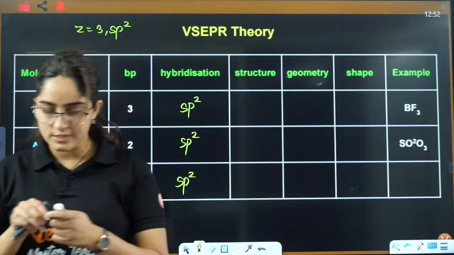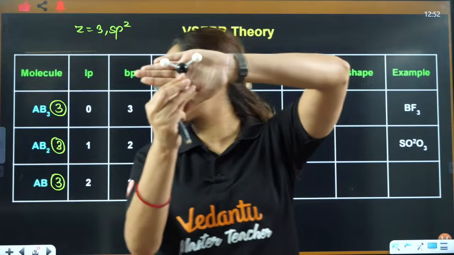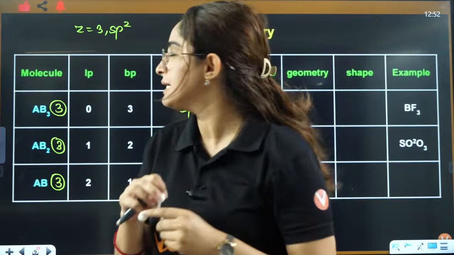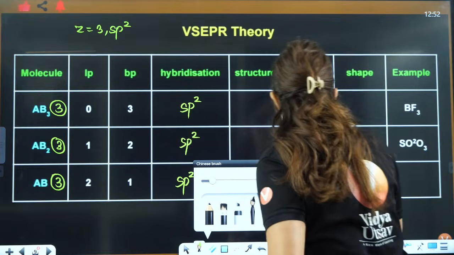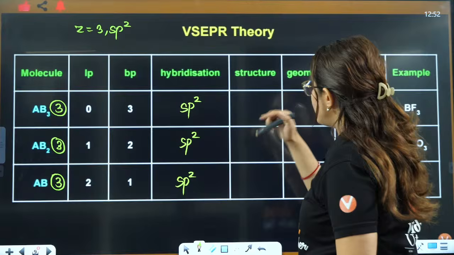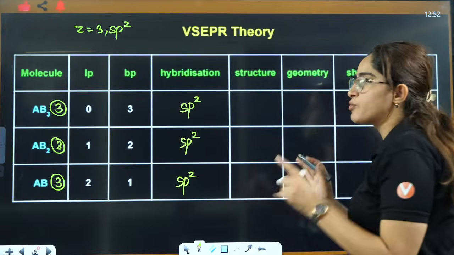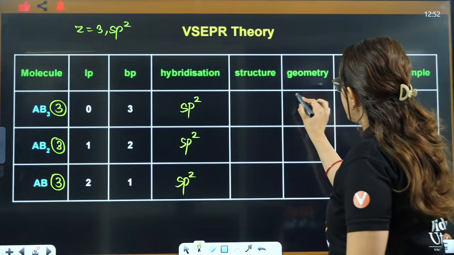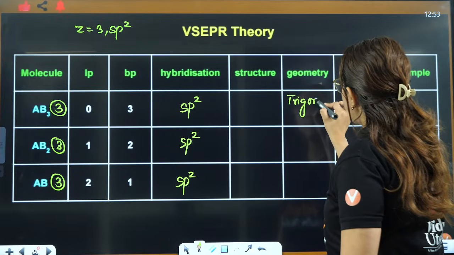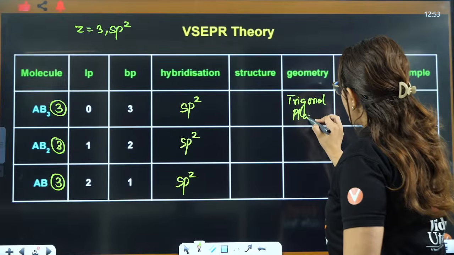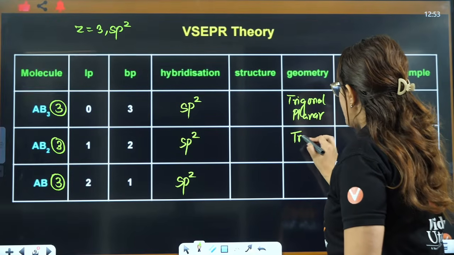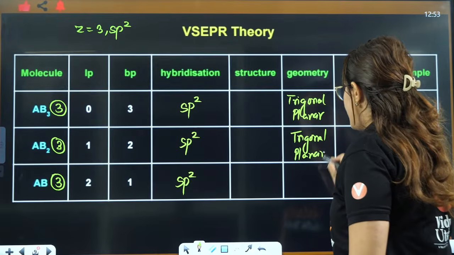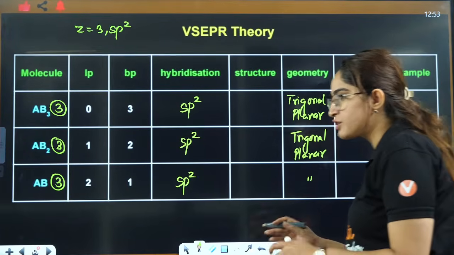In one plane, a triangle is forming, right? Geometry, where we talk about bond pair plus lone pair, will always remain trigonal planar.